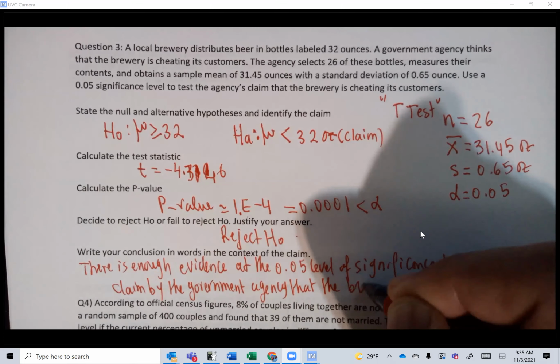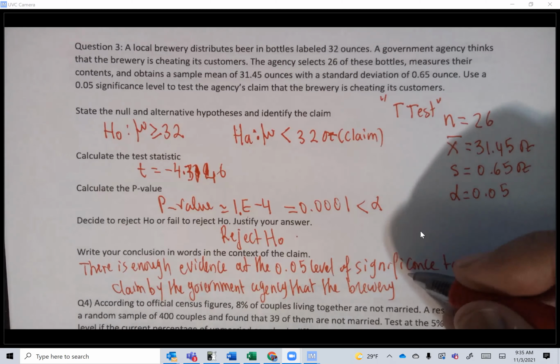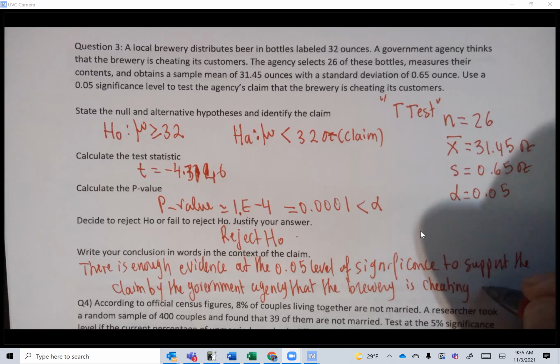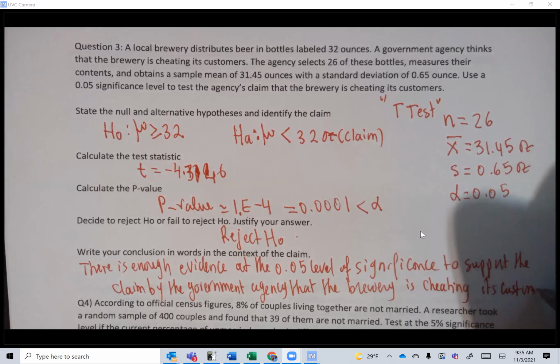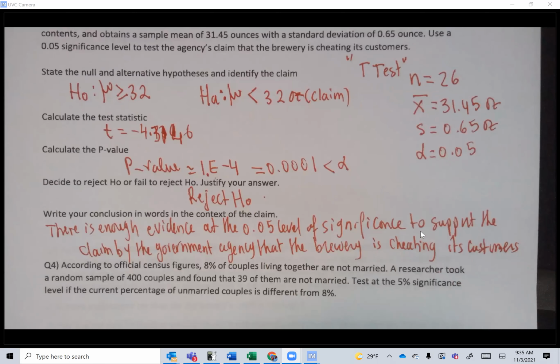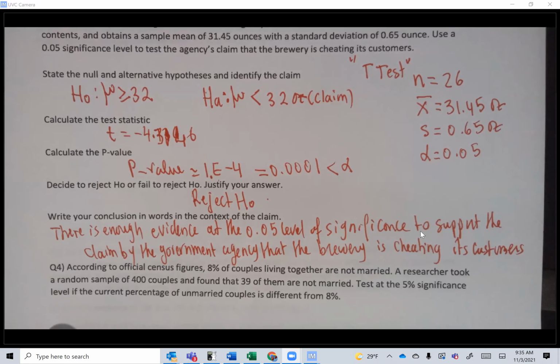That's a very serious claim, but it's valid now. That means the brewery is in trouble here in this case. That's how they do that. Okay, so that's number 3.